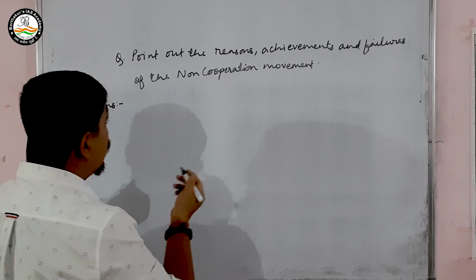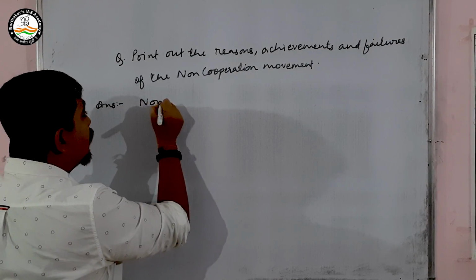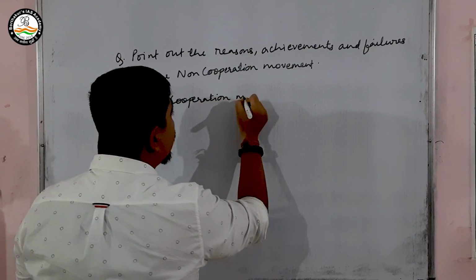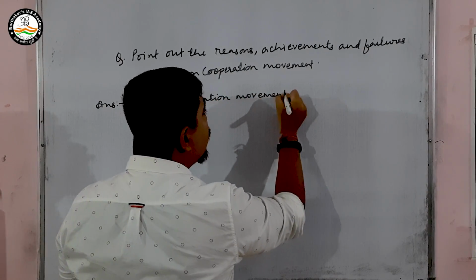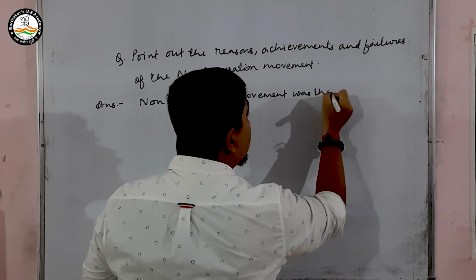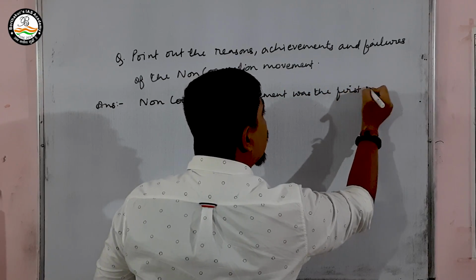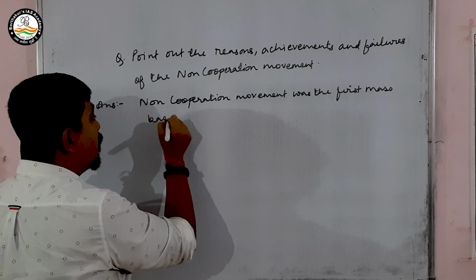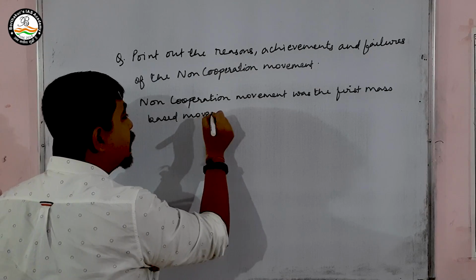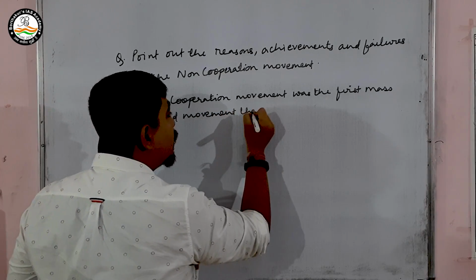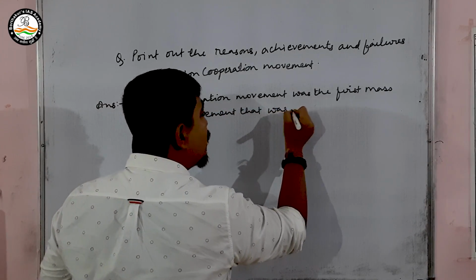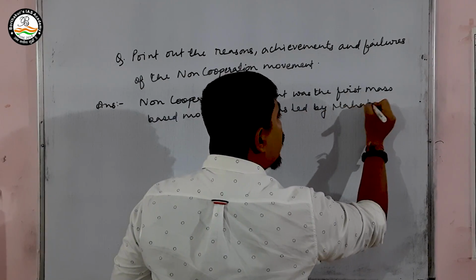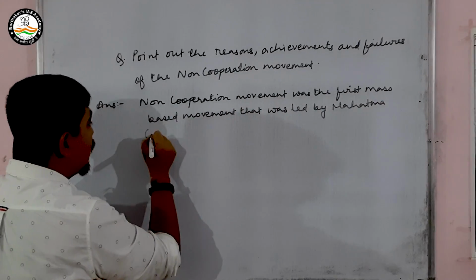The non-cooperation movement was the first mass-based movement that was led by Mahatma Gandhi.